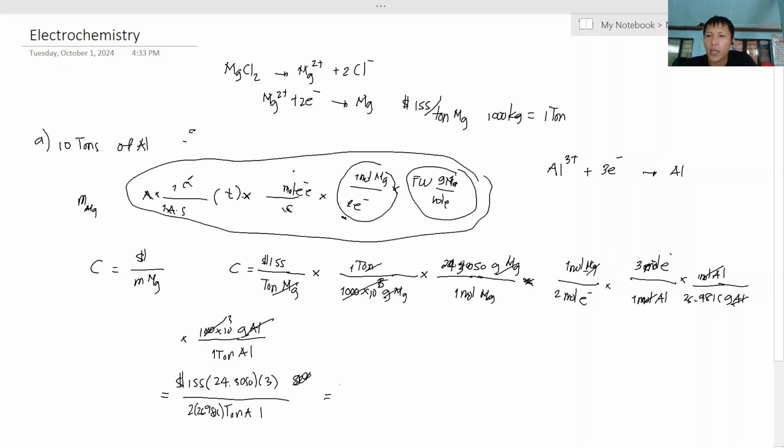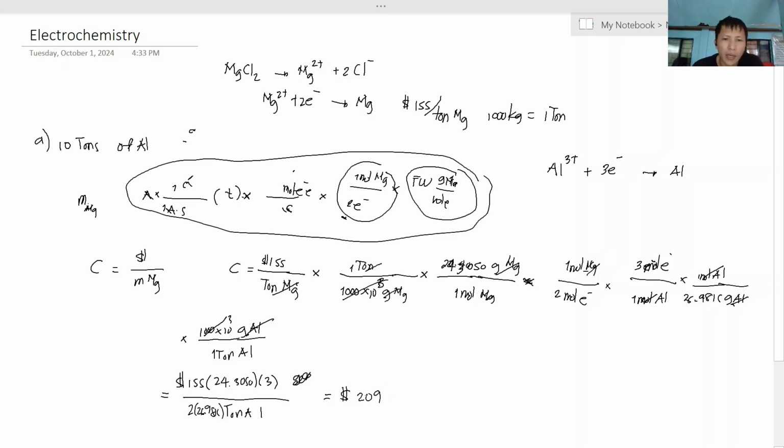Then we get our calculator. We type it down: 155 times 24.3050 times 3, and then at the bottom you have 2 times 26.9815. So the answer is $209.4.